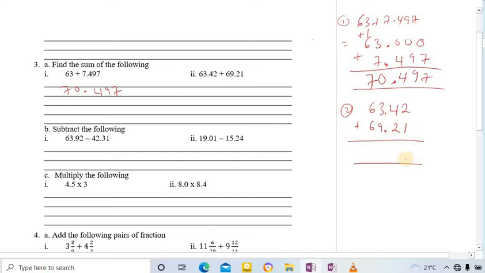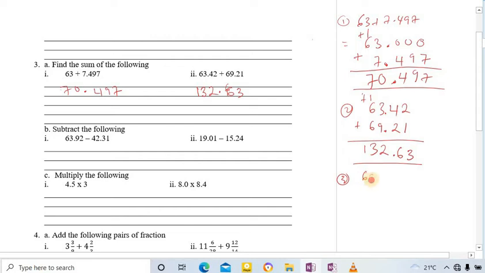This would be 2 plus 1 is 3, 4 plus 2 is 6, 3 plus 9 is 12, 2 plus 1, 6 plus 6 is 12, and then 13. So this would be 132.63. Alright, let's see a couple of questions on subtraction of decimals.